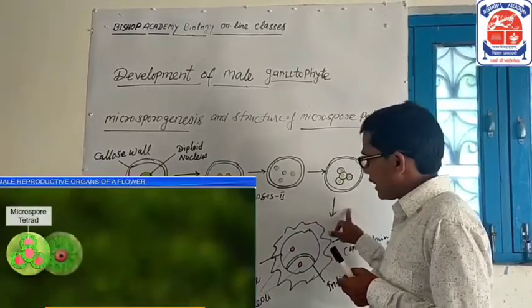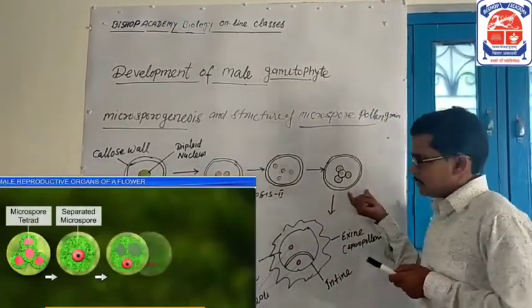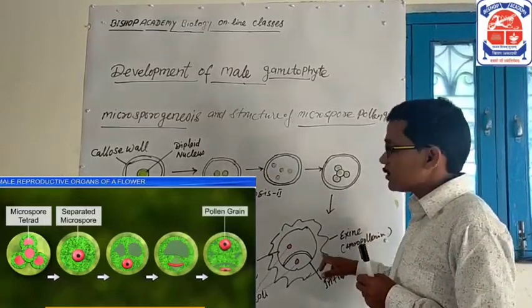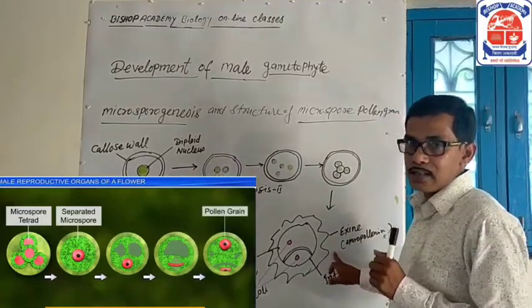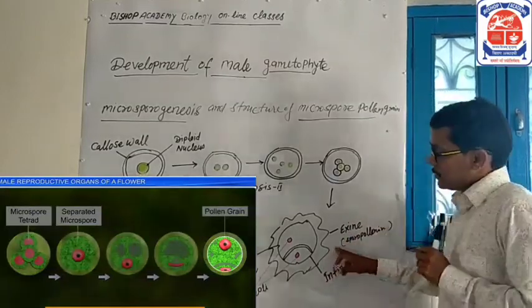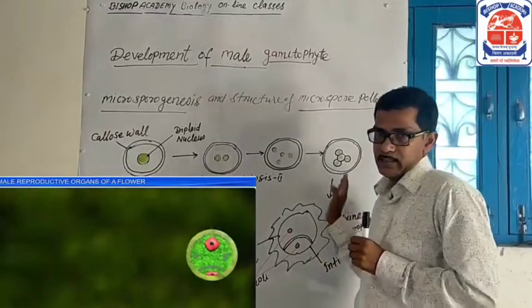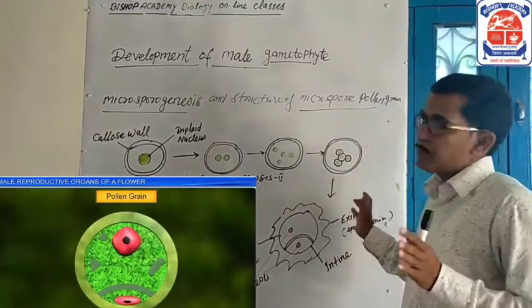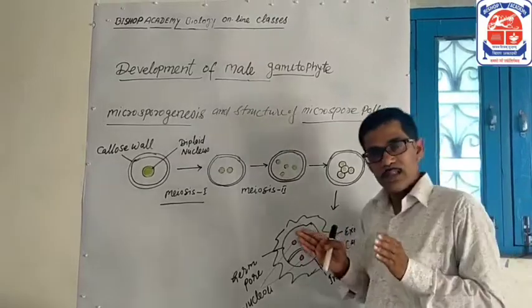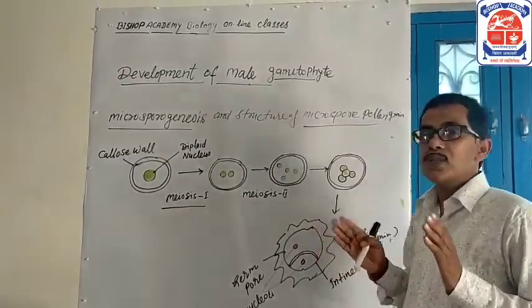After some time each of the tetrads grows into microspores or pollen grains. This is the formation of microspores inside the microsporangia, called microsporogenesis.